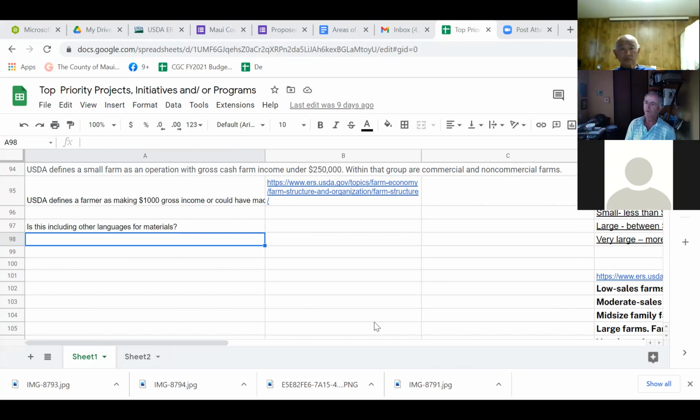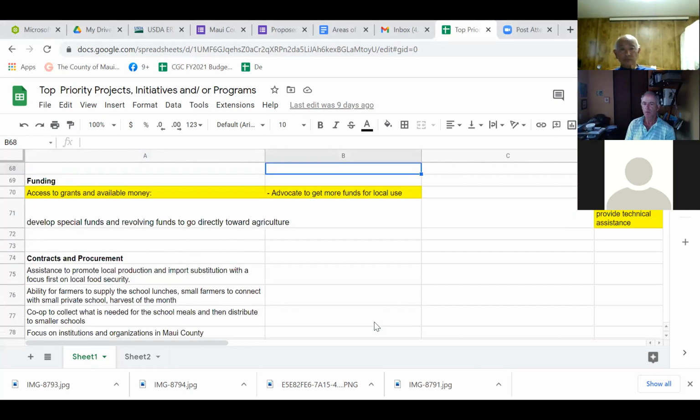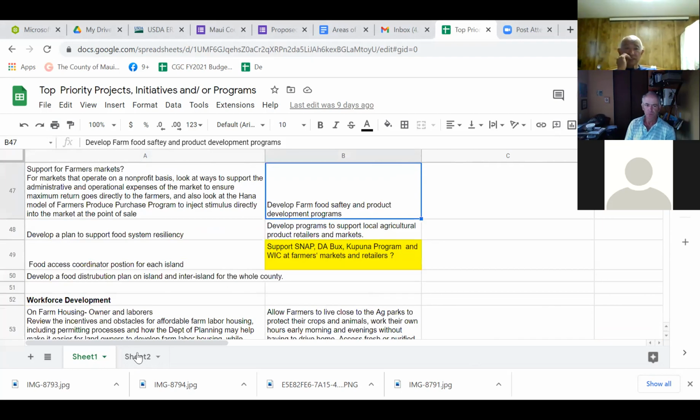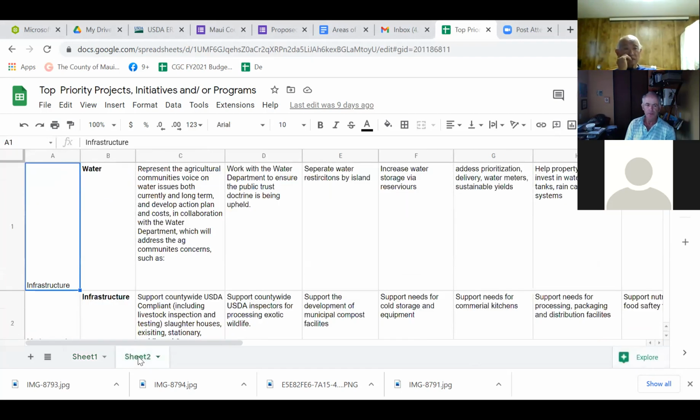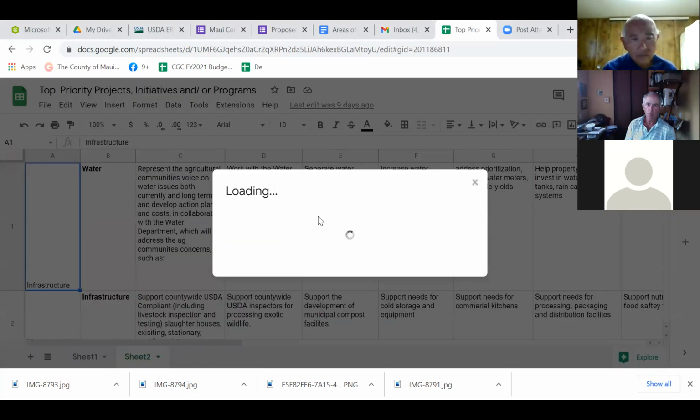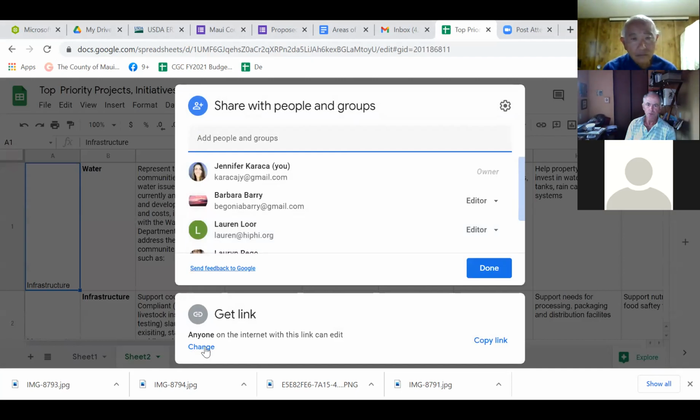Awesome job, you guys. Okay, so now the fun part. We're going to go to sheet 2. This is where everything was transferred to. I'm going to put the link in the chat. Is there anybody that doesn't have a way to look it up right now?